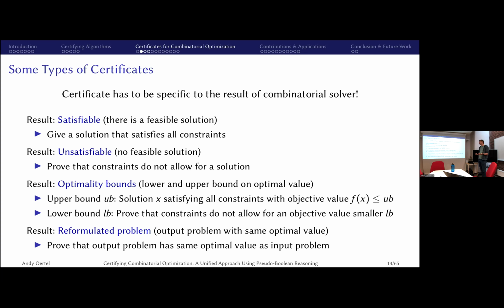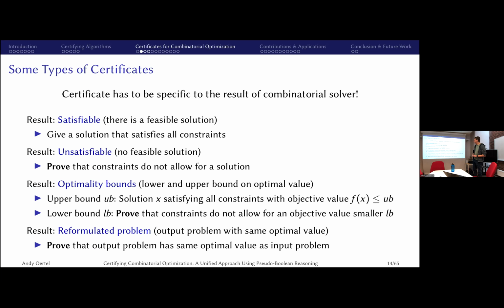And then our result could be a reformulation of a problem. Maybe we don't actually solve the problem, but we just do some pre-processing and return another problem. Then we want to guarantee that this problem has the same optimal value as the original input problem, and so again we have to prove that the optimal value is preserved.